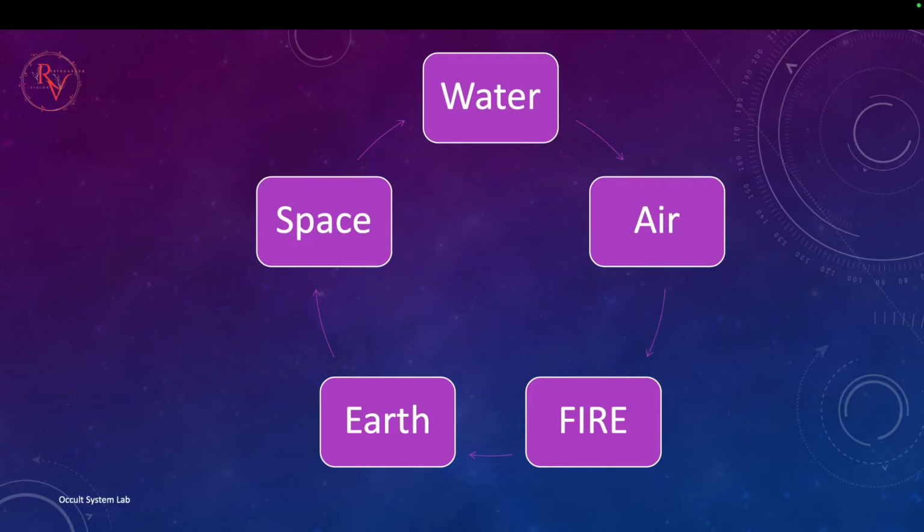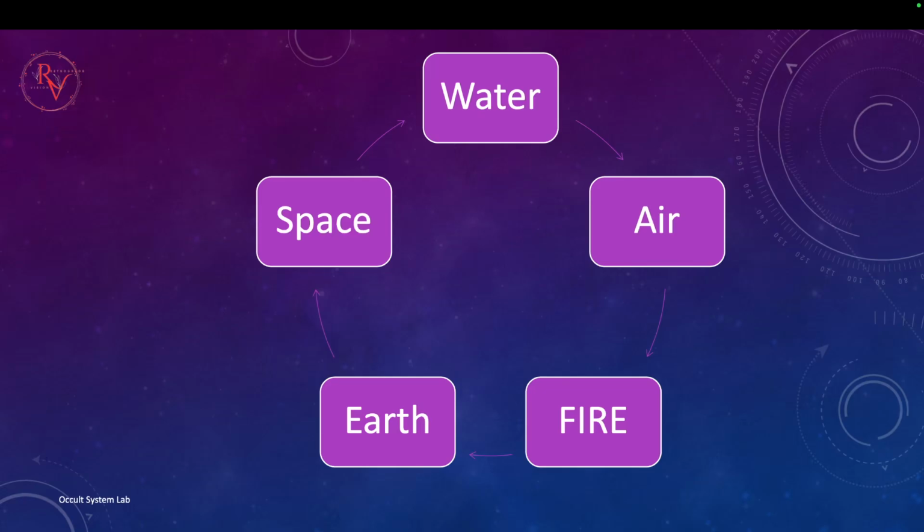And through air, when in the forest, you see there is huge air, and when the trees clash, there is fire. And when everything is burnt, it creates earth. And from that earth, again, you get the space. From space, again, we get water. So this is basically a cycle of creation. Okay. So you need to remember this.